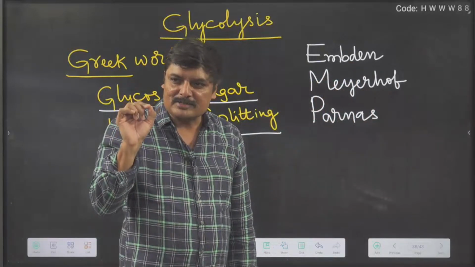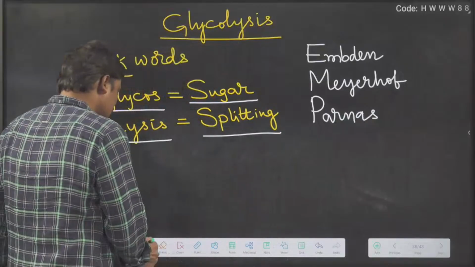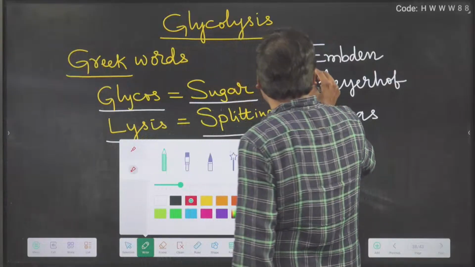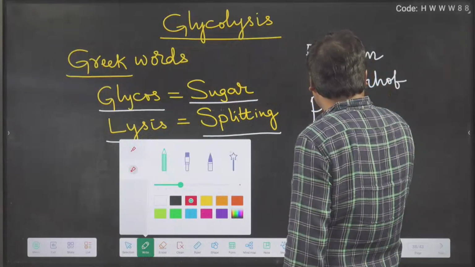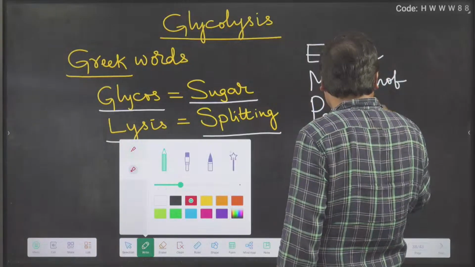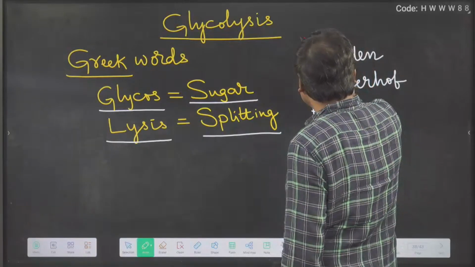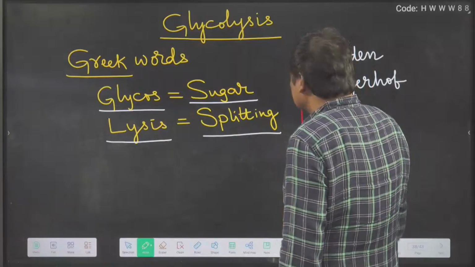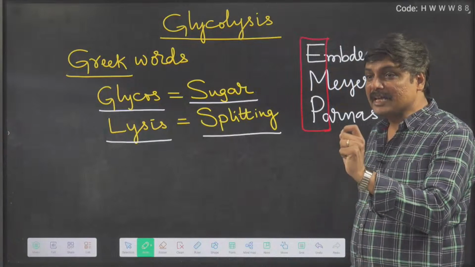From the first letters of their names, E from Embden, M from Meyerhof, P from Parnas, it becomes EMP.